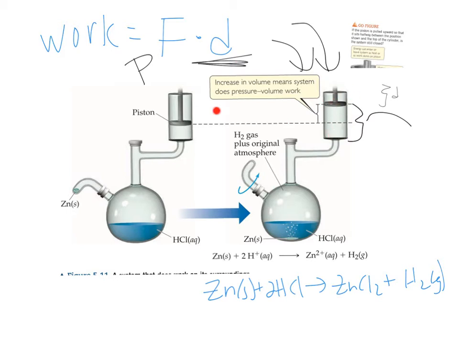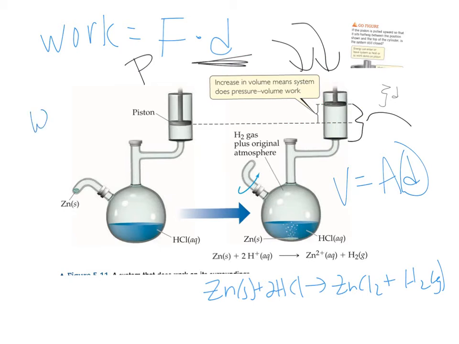So the piston goes from here up to here. So we have a change in volume. So we can describe this force times distance. The force is the pressure, and the distance ends up being the change in volume, because volume is equal to area times distance, and it's our height, or our distance, that's changing.